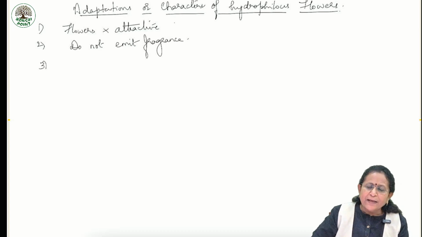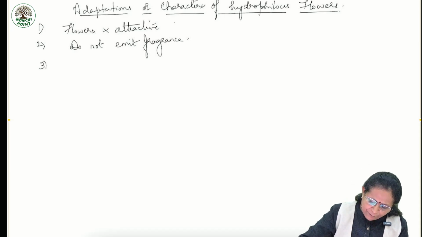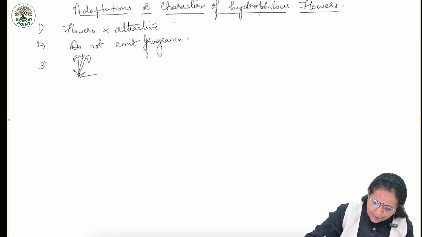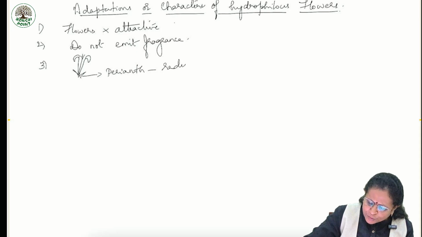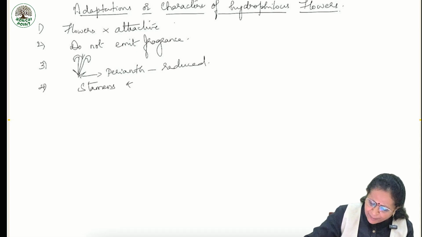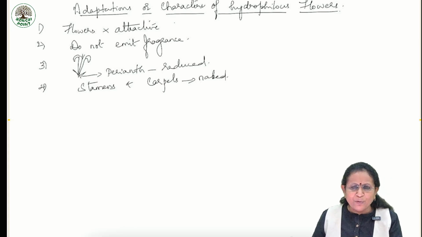Next, the non-essential whorls, namely the perianth, are very small, such that the essential organs, that is androecium and gynoecium, are well seen. These non-essential whorls are almost reduced or even absent sometimes. Hence the stamens and carpels are said to be naked. They are not covered by the perianth.